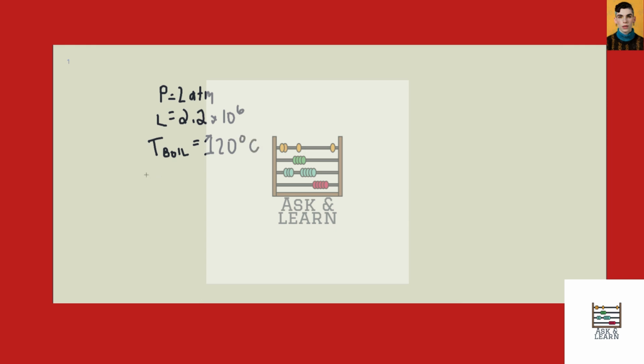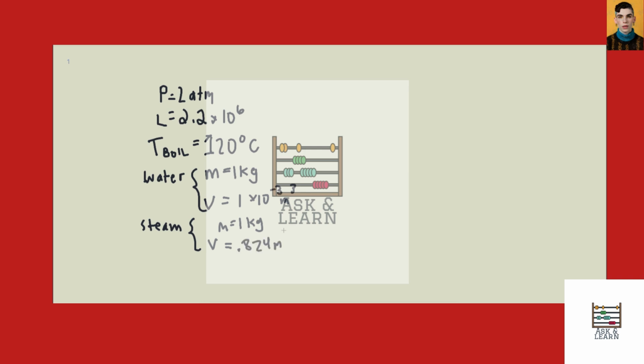And for water, if the mass is 1 kilogram, then the volume is equal to 1 times 10 to the minus 3 meter cubed. And then for steam, if m is 1 kilogram, then the volume is equal to 0.824 meter cubed.